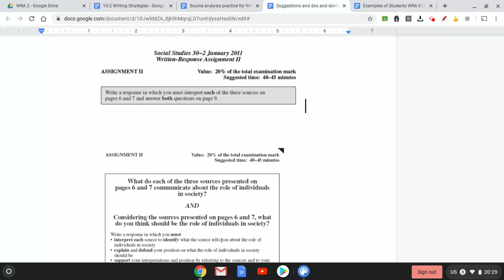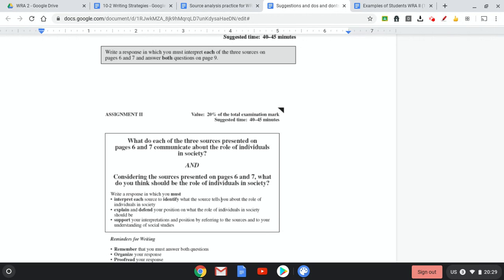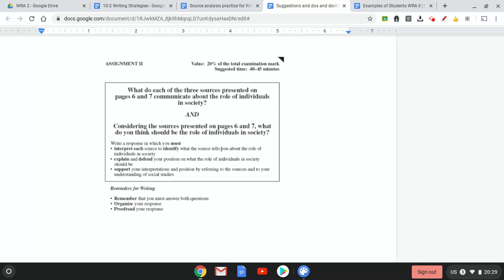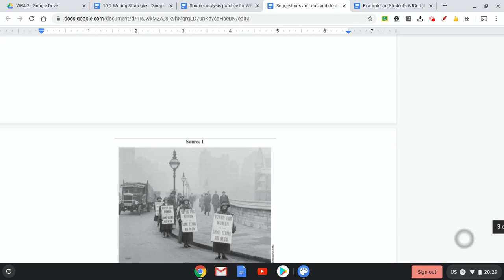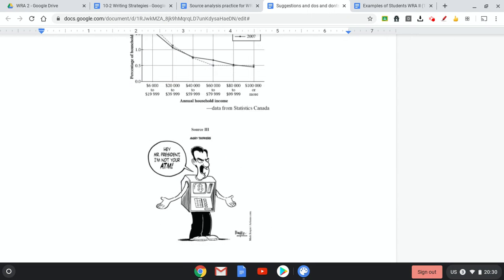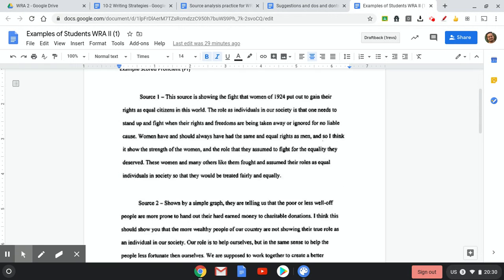Now, I am going to share with you another document. This one is a Social 30 WRA2. So you're going to look at these sources, source 1, source 2, and source 3. And there's an example of a proficient. I'm not going to go over this.